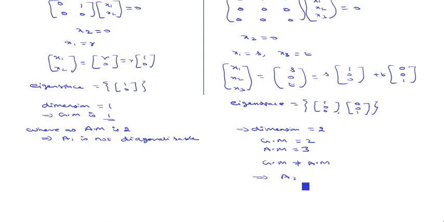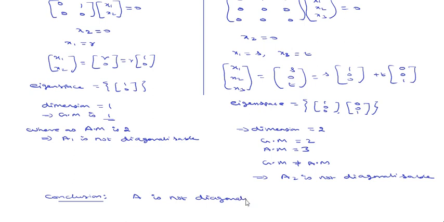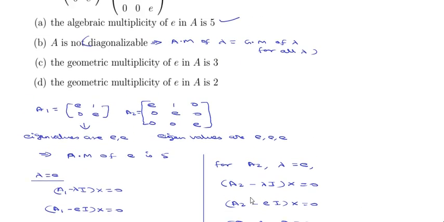So this implies A2 is not diagonalizable. As a whole, from the conclusion, A is not diagonalizable. So the option that A is not diagonalizable is also correct.